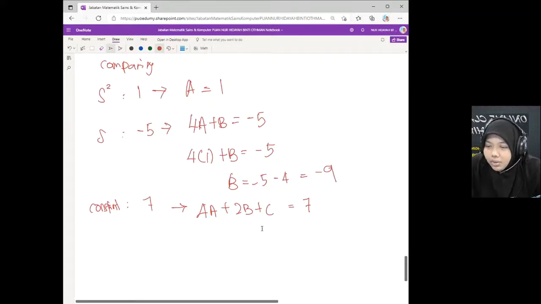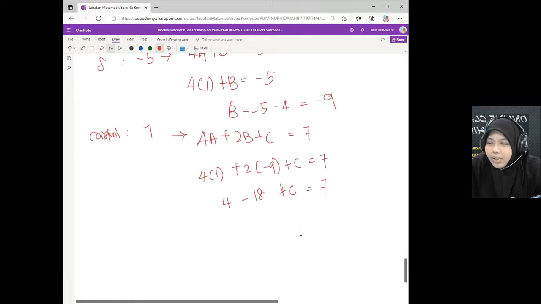So 4 kali 1, kenapa 1? Sebab a tadi dah dapat 1, dan plus 2b, b equals to negative 9, and then plus c equals to 7. So kita akan 4 tolak 18 tambah c equals to 7.